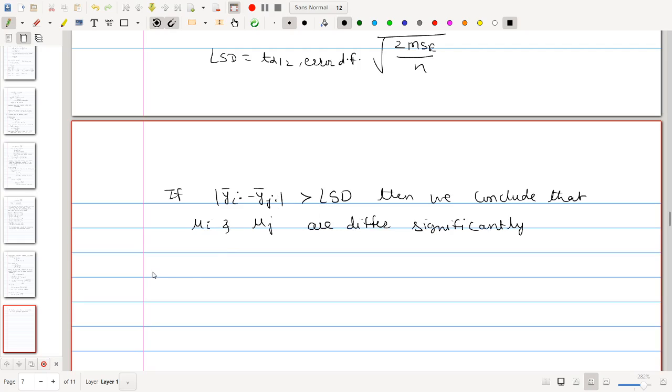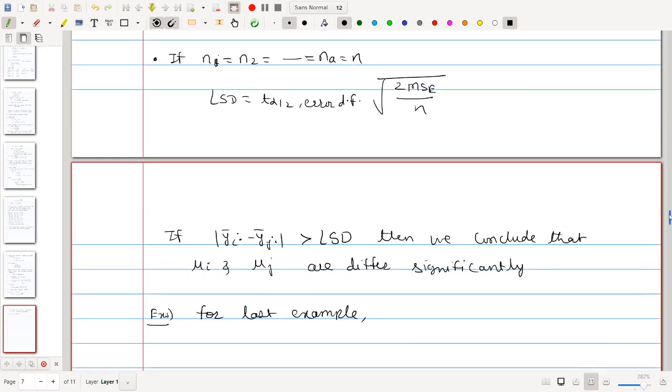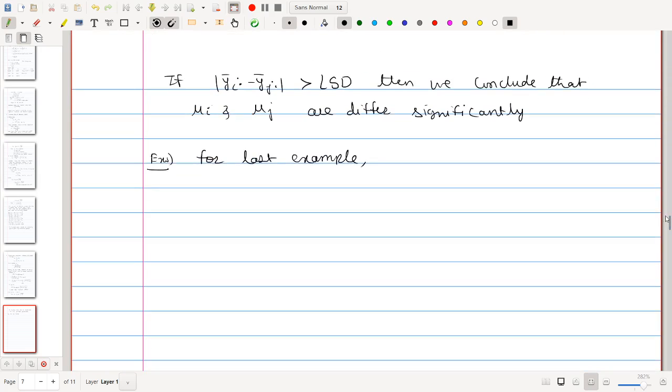So for the last example, we are going to see Fisher's LSD test, because in the last example we rejected the null hypothesis and we want pairwise comparison.